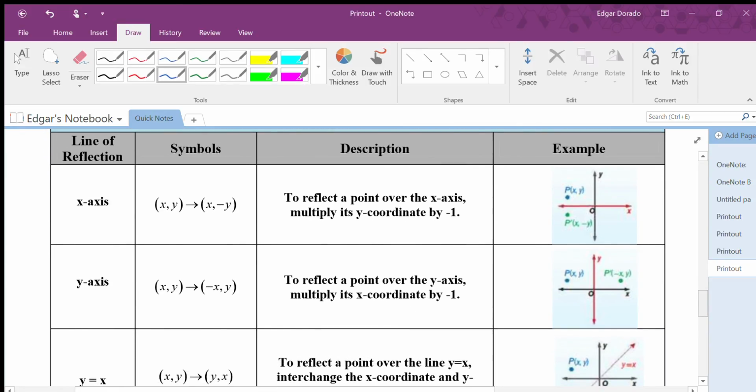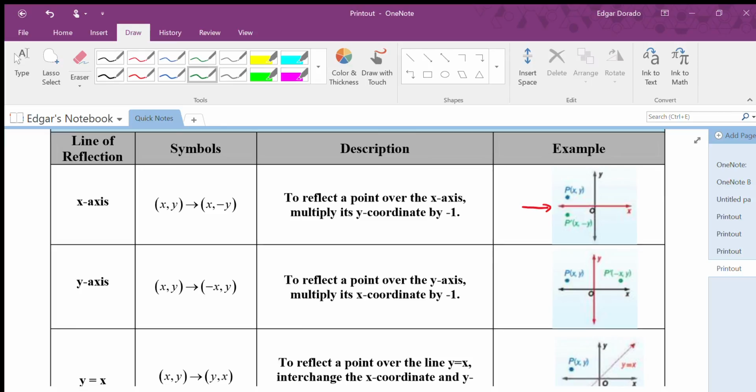So the first one, if our line of reflection is the x-axis, okay, meaning like right here, and this gives us a little bit of a diagram, but if that red line, that x-axis, is our line of reflection, then to reflect a point over the x-axis, you have to multiply its y-coordinate by -1. Okay, so what does that mean?